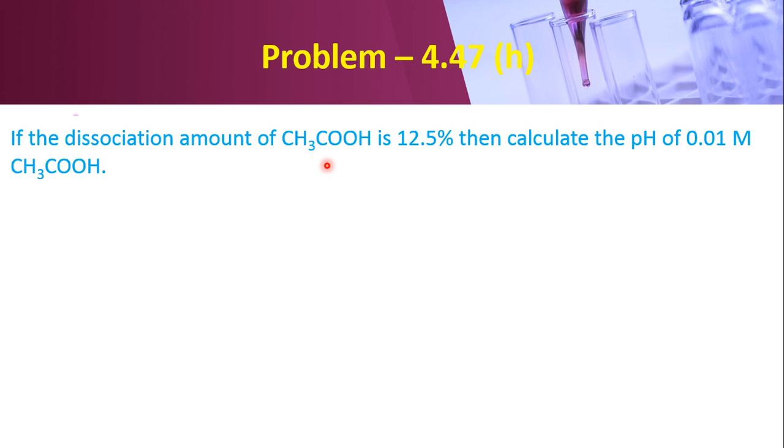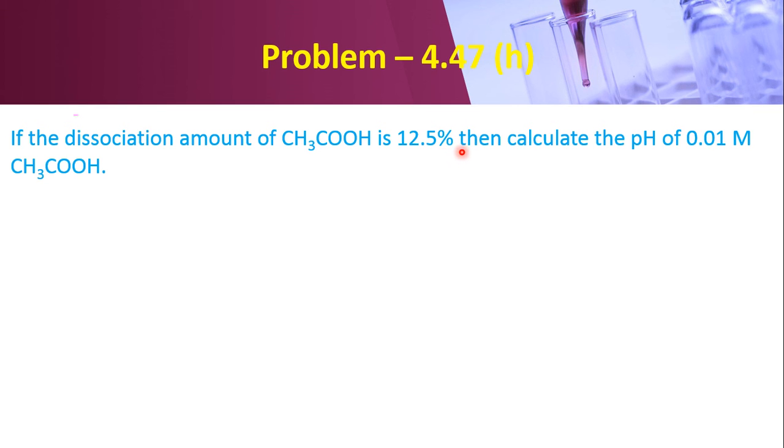But acetic acid is a weak acid, so it is not dissociated 100%. So for calculating pH of a weak acid, we have to know about its degree of dissociation or acid dissociation constant, because when the degree of dissociation or acid dissociation constant is given, then you can easily find out the concentration of hydrogen ion from there.